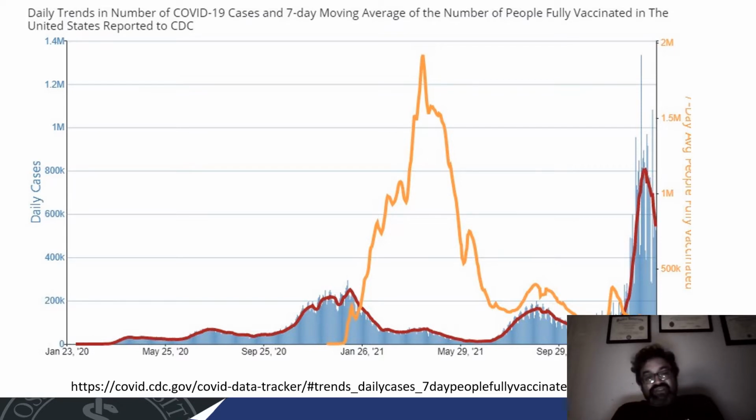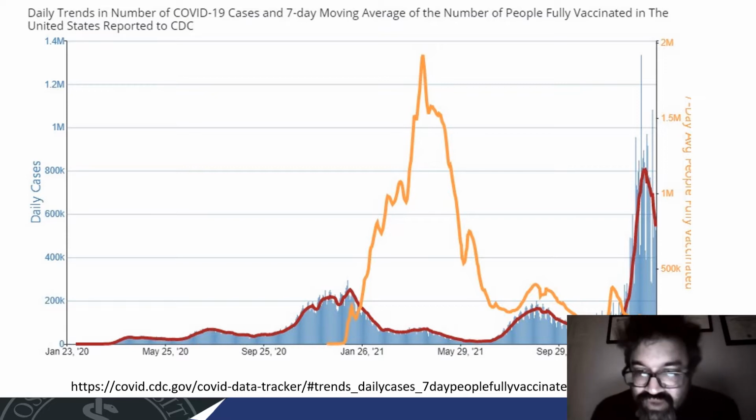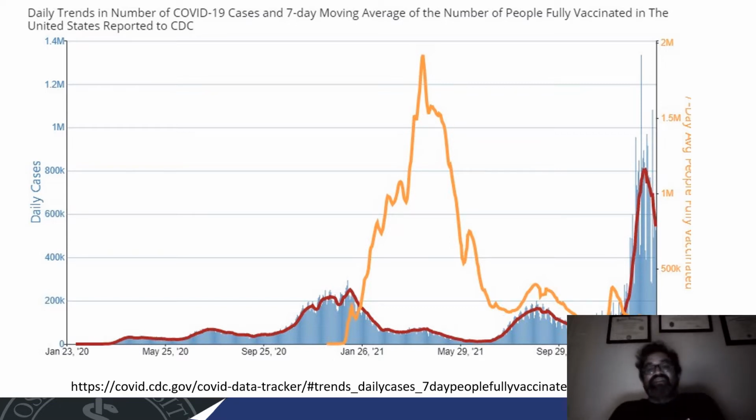So, daily trends in number of COVID-19 cases and the 7-day moving average of the number of people fully vaccinated in the United States. The orange is the 7-day average of people fully vaccinated.